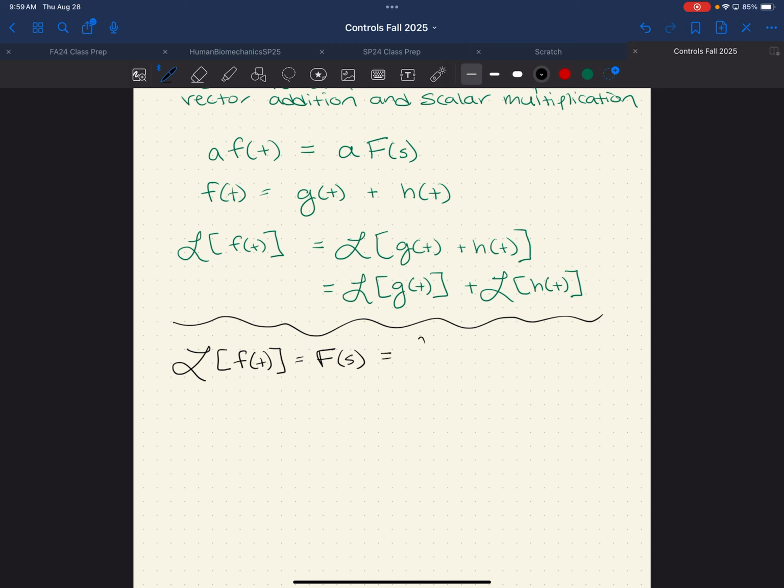We say that this is the integral from 0 minus, which is the weirdest part of this, to infinity of f of t times e to the minus st dt. Okay? And then we will add here where s is sigma plus j omega, which is a representation of a complex variable.